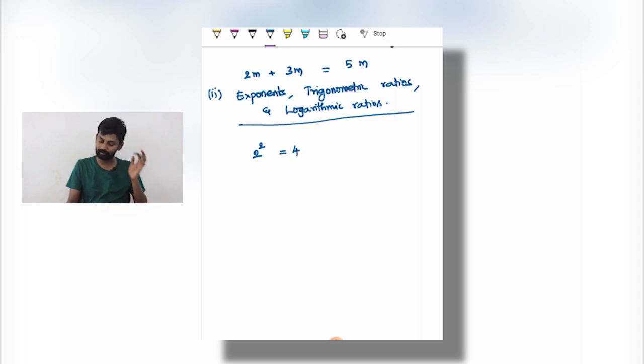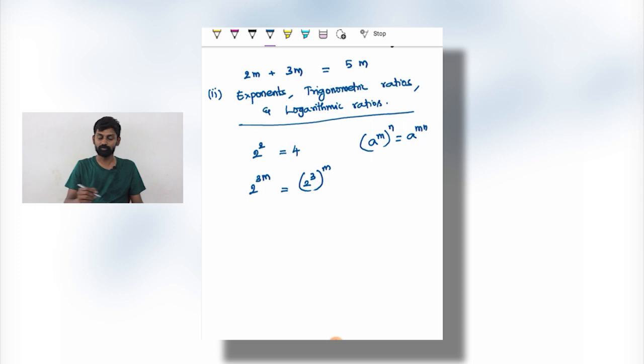But if I am going to calculate 2 power 3 meter, 3 meter is in the exponent, and 3 meter can be written as 3 into 1 meter, or 3 into meter. So this can be written as 2 power 3 whole power meter, since we know a power m whole power n is equal to a power mn. Using the converse of it, we can write 2 power 3 meter is equal to 2 power 3 whole power m.